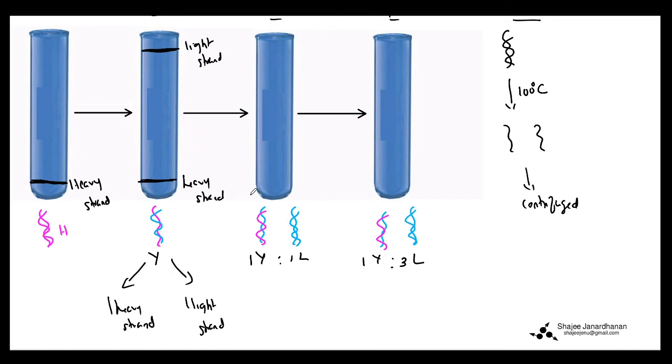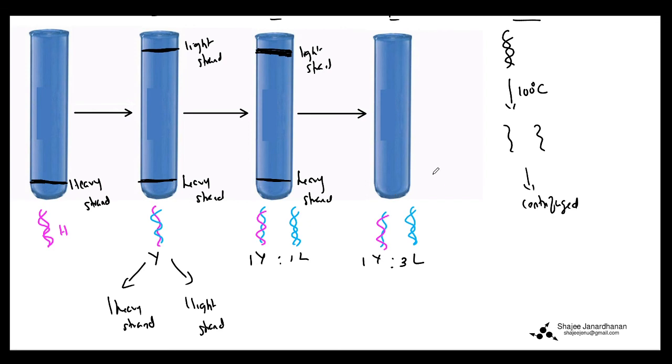When you go to the second generation, it is still the same result. I think you understood the logic behind this. The hybrid will separate into a light strand as well as a heavy strand, whereas all light duplexes will give what? Light strands. So you still get a heavy strand band as well as a light strand band, but the thickness of the light strand band will increase.